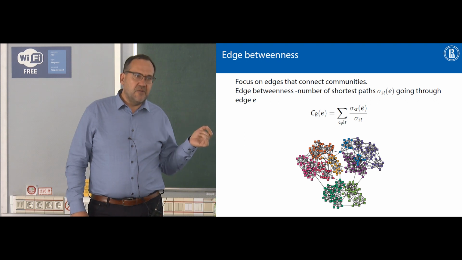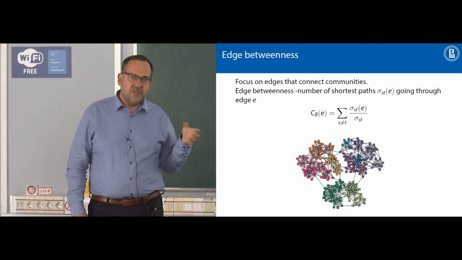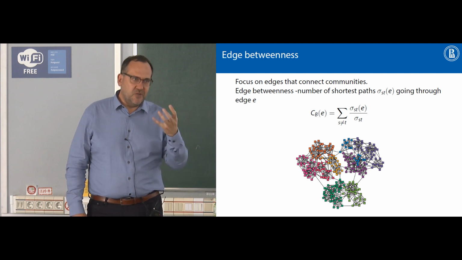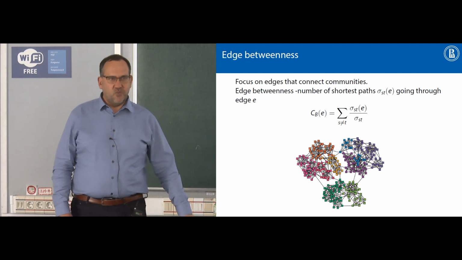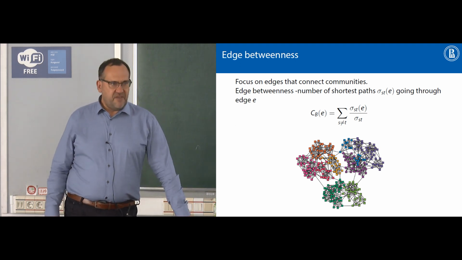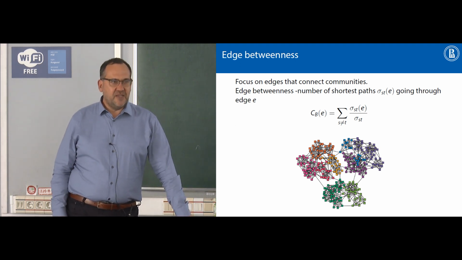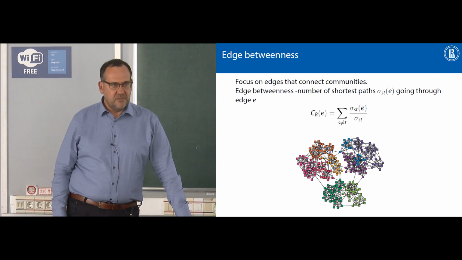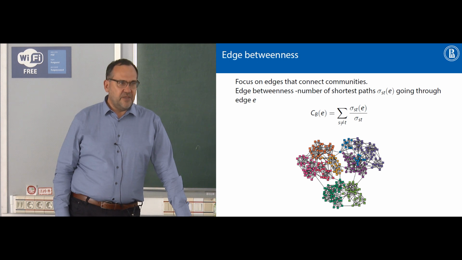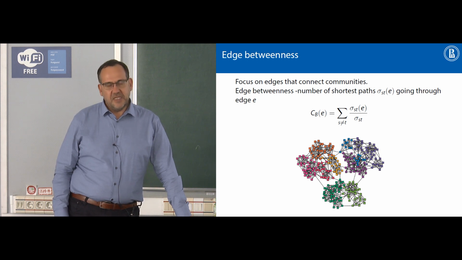Again, to understand this algorithm, imagine you're in Pittsburgh. You want to split it into parts. Think about bridges and think about traffic. So where would you expect to have traffic jams? Right? On the bridges, because that's where all the traffic, the one that wants to cross the city, will go through.